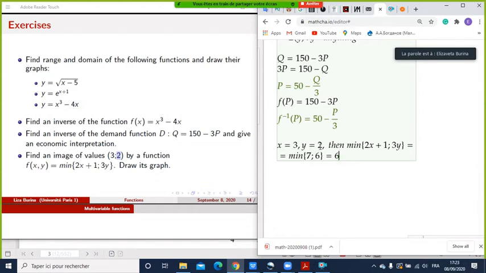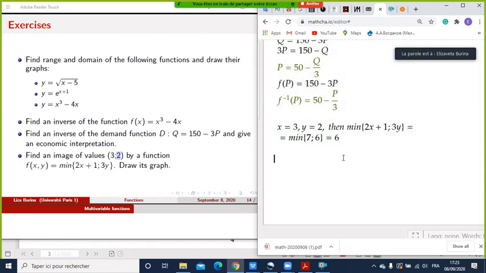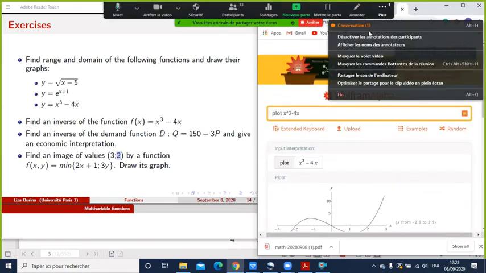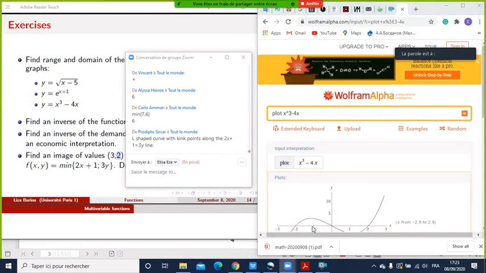Now draw its graph. I'm terrified because I don't know how to draw graphs here. Let's check if this thing can do it. I mean, I know how to explain it to you, like where the dots come from. Wait a second, I have one more conversation. L-shaped curve with kink points along 2 plus x. Yeah, that's true.